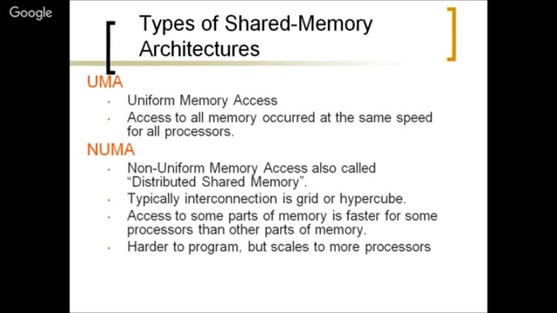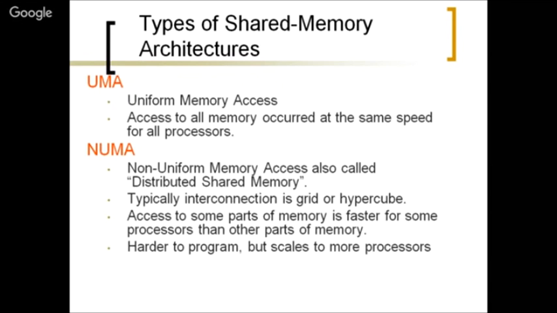There are two types: uniform memory access and non-uniform memory access. In UMA, all processors access all memory at the same speed, which is sometimes difficult to achieve. Ideally the whole memory should be uniformly accessible to all processors at the same speed, which is why there is a scalability problem.